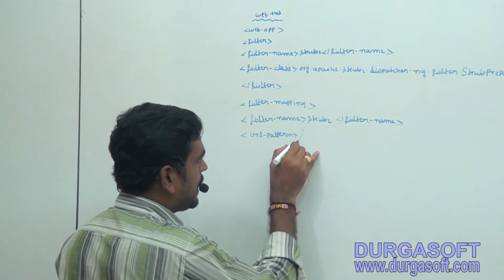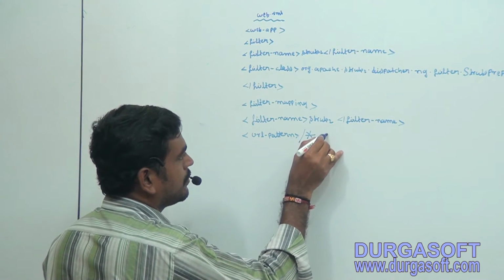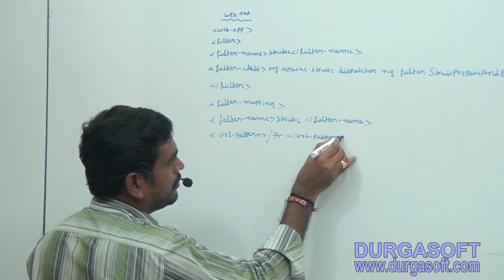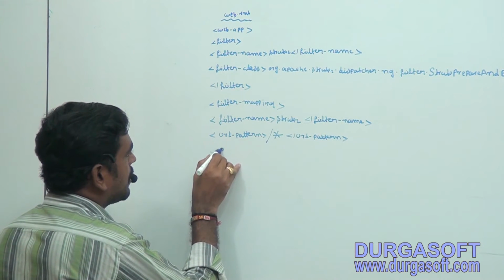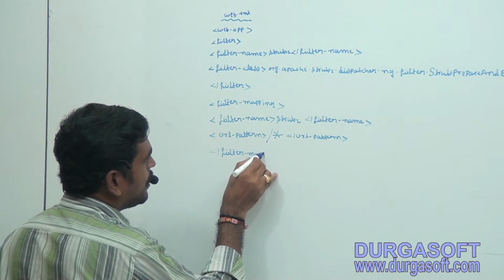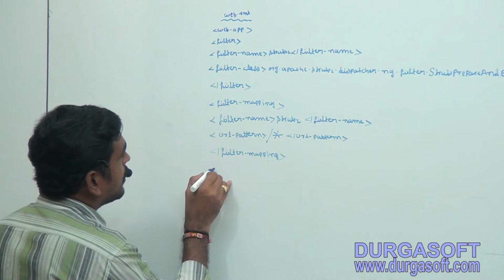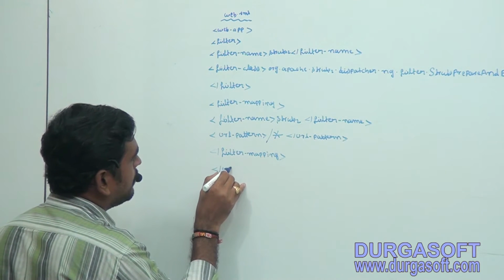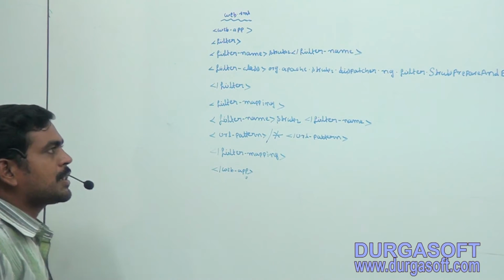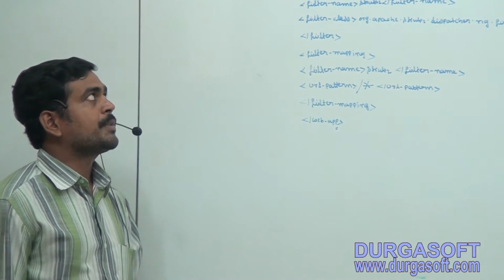Under that I am taking /*. This is a directory match. Close the URL pattern. Then close the filter mapping. Finally, close the web-app. This is the way to configure the Struts controller inside this web.xml file.